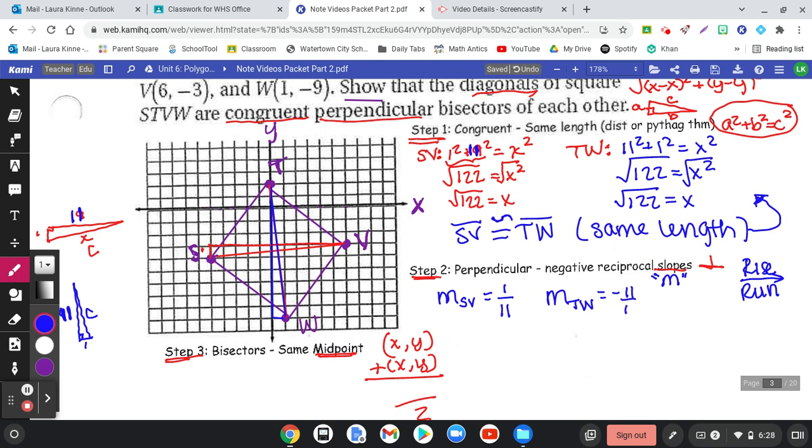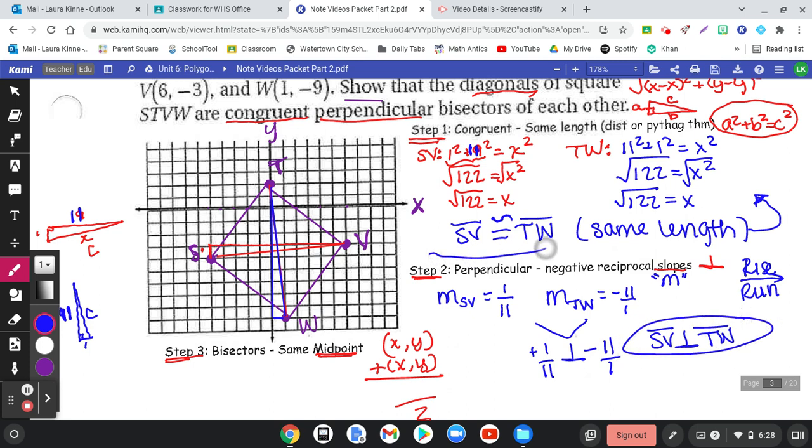It's always one way to tell: on SV, you're going over 11, and I wrote over 11. For TW, I'm going over 1, and I wrote over 1, if you're not sure about how to write those. Okay, since positive 1 over 11 and negative 11 over 1 are negative reciprocals, they're perpendicular, so therefore SV is perpendicular to TW.